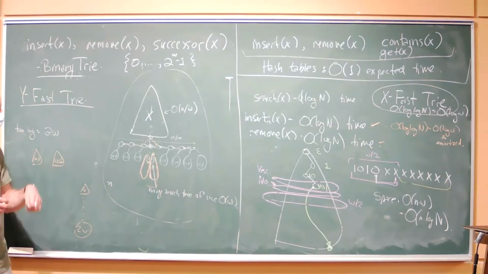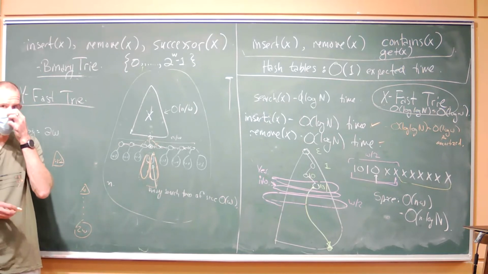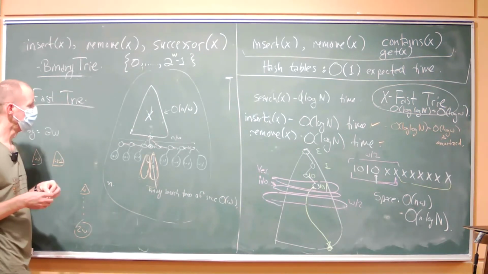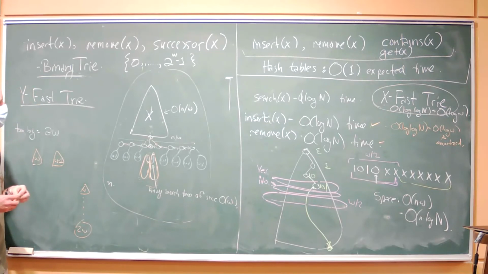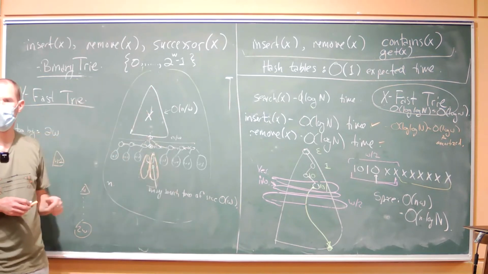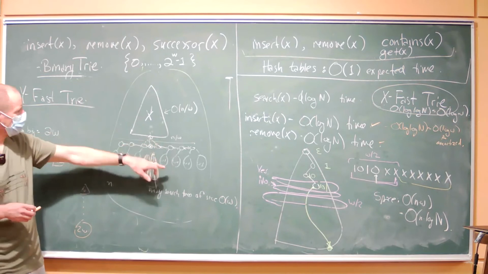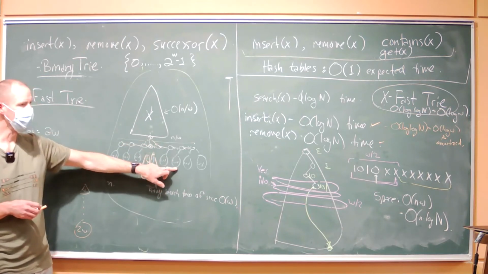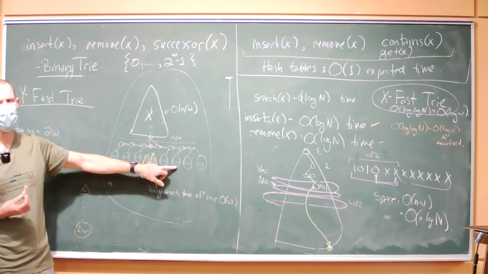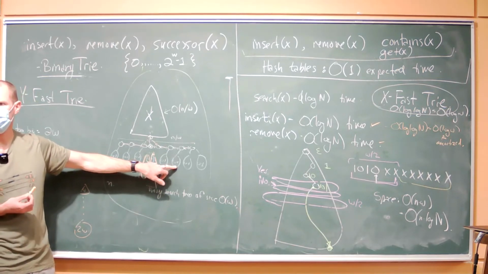So how about removing? I want to remove something from this data structure. Typically you ask me to remove X, and I go searching for X, and I find it in one of these little binary trees, because most of the values are actually in these little binary trees.